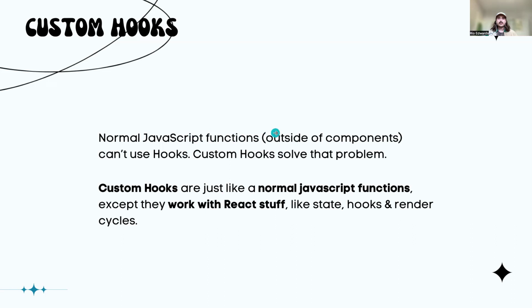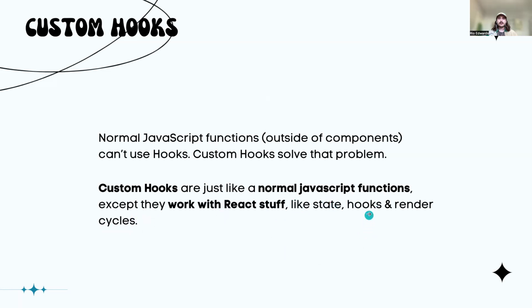You can't meaningfully use React state in a normal JavaScript function that's outside of a component. So you've really only been using these hooks inside components up until this point. But a custom hook is just like a normal JavaScript function, except it allows you to work with React stuff like state hooks, and it's aware of the render cycle.